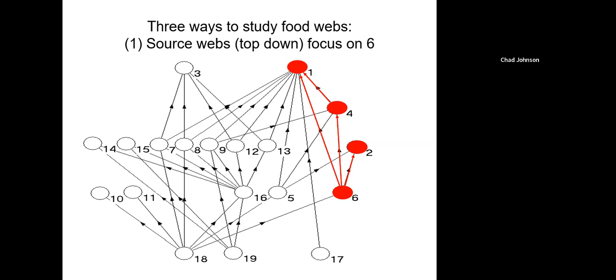So a top-down web kind of lets you ask, what's the quality of this resource? What is the nature of the top-down consumption of that resource? So the focus in a top-down web is on who is consuming a resource, again, from the top down.